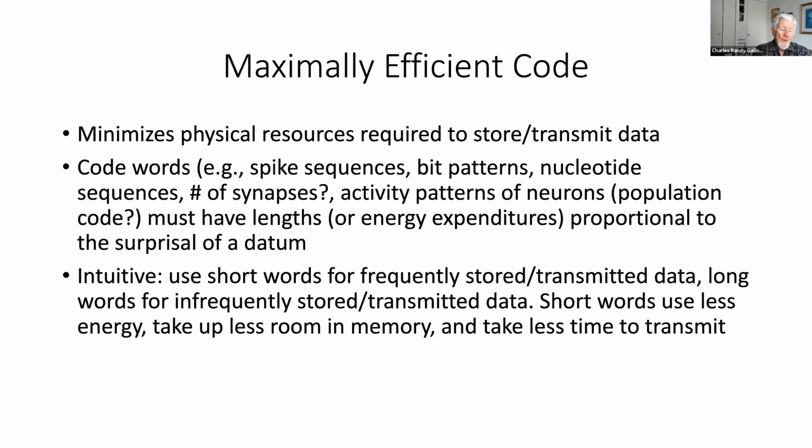And what Shannon's coding theorem proved is that, first of all, if you think about it, it's not obvious whether there is a limit on optimizing code. He proved that yes, there is a limit. And that limit is reached when the code words for the different possible messages are proportional in their length to the surprisal, which, recall, is the log of 1 over the probability.